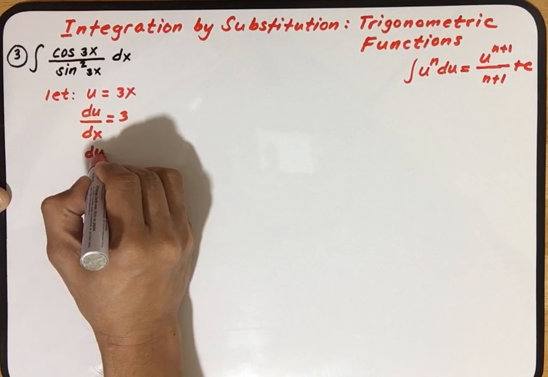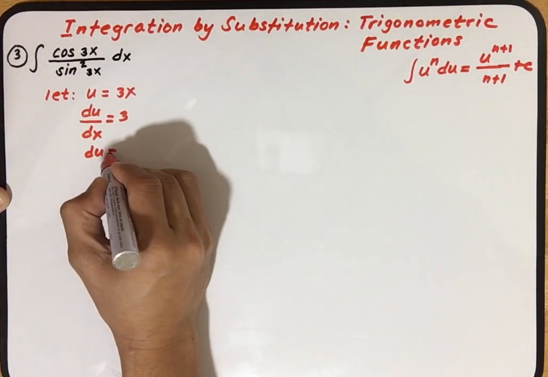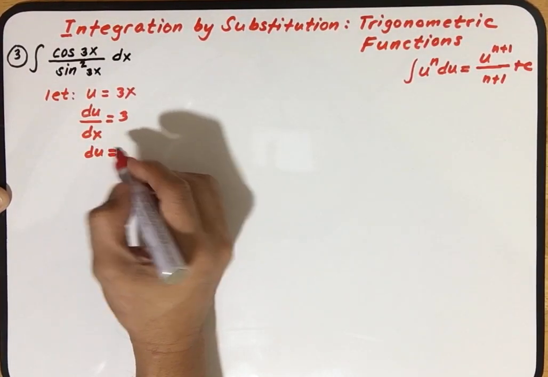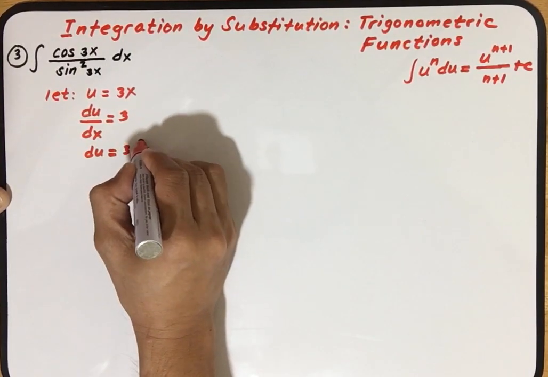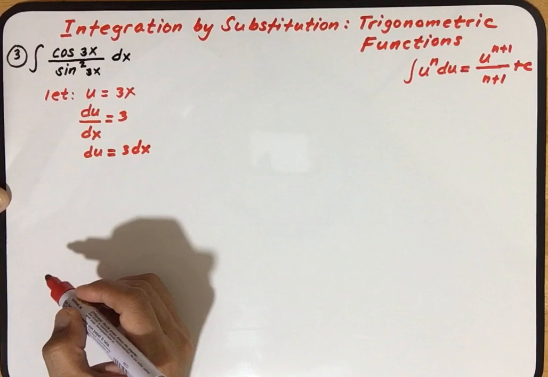Alright, we'll do the same as what we usually do. So multiply both sides by dx or cross multiply dx, so you have 3 times dx.